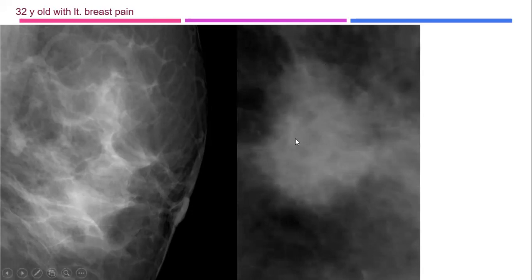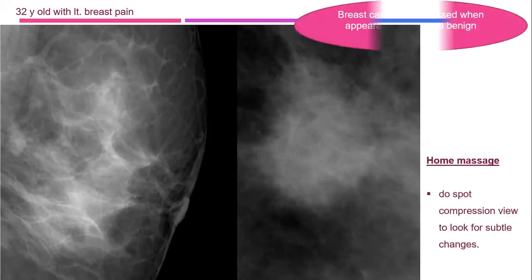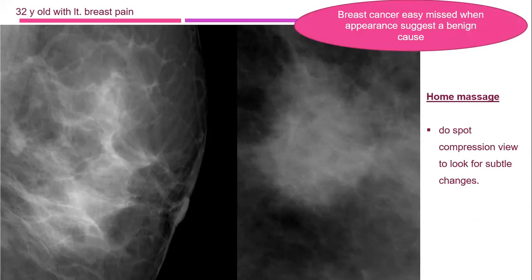You see the indistinct and spiculated margins, and even on the compression view the lesion is still high density, and it was invasive cancer. So we have to consider additional views, especially spot compression, for subtle changes.